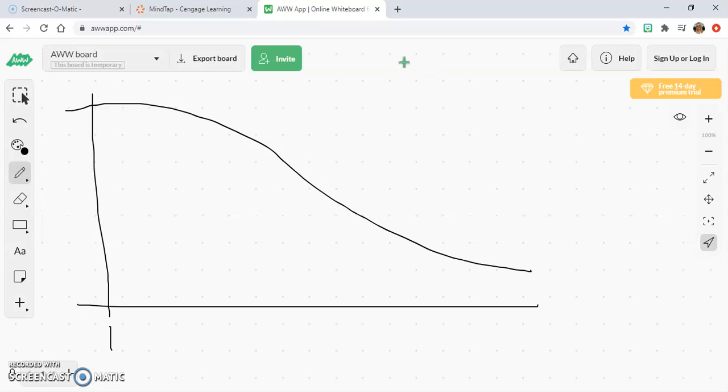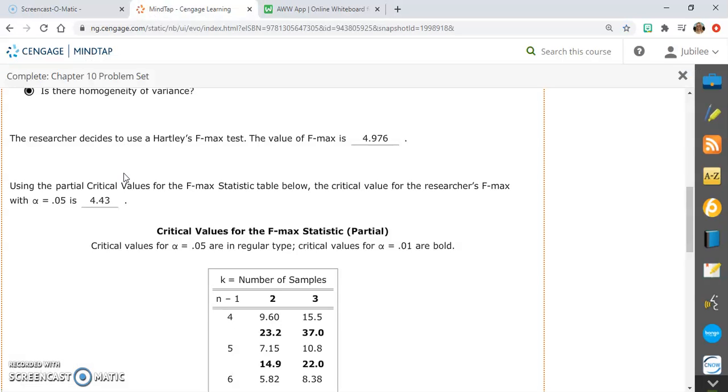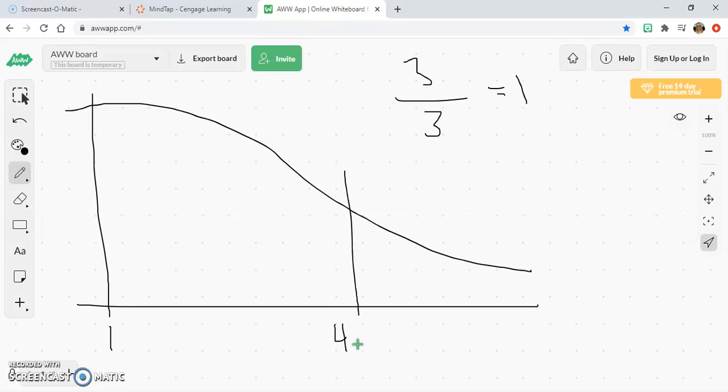Because just imagine if I had a variance of 3 divided by a variance of 3, the result would be 1, right? Anything that's higher than 1 is going to be unequal. So in my case, my Fmax critical region was 4.43. And so anything past that is considered extremely different from each other.